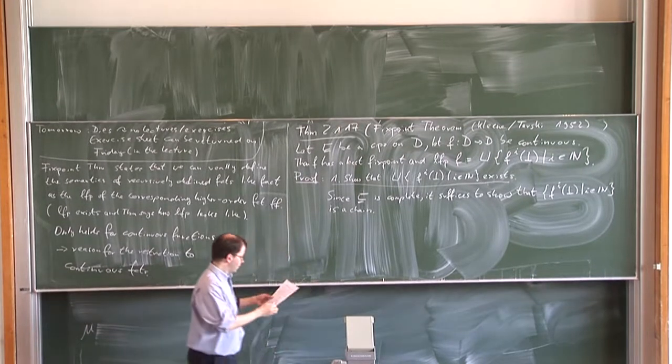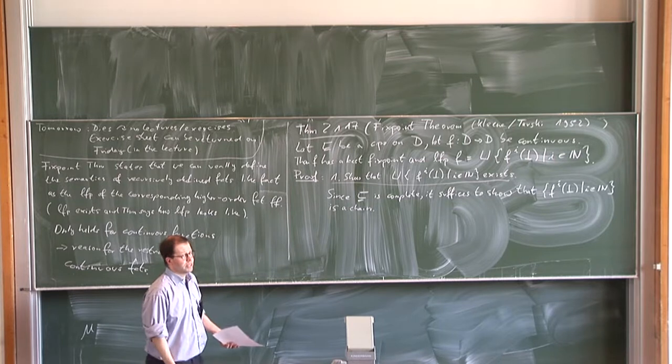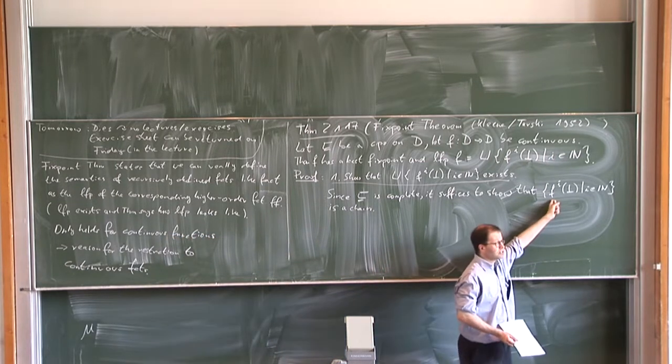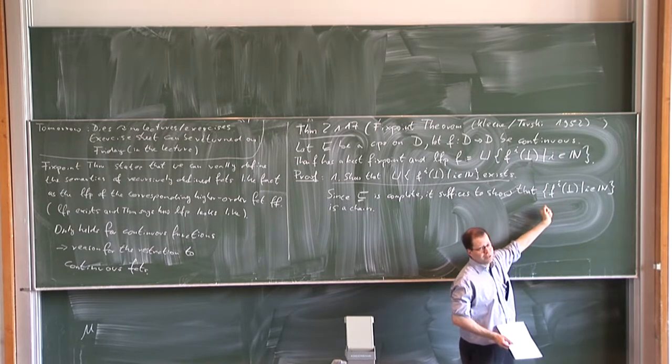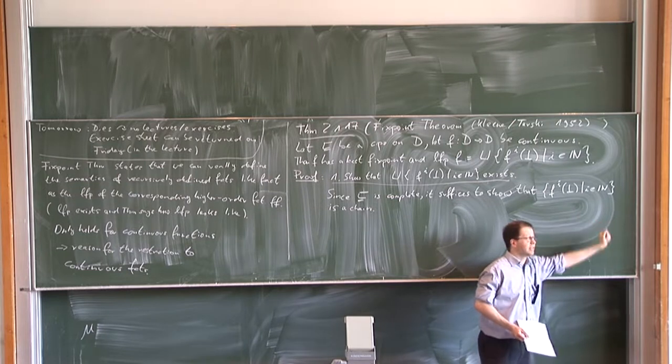Okay, so what does it mean to be a chain? A chain means we can order the elements. So we can put these elements into some order such that one element is less defined or equal than the next, and this is less defined or equal than the next, and so on.